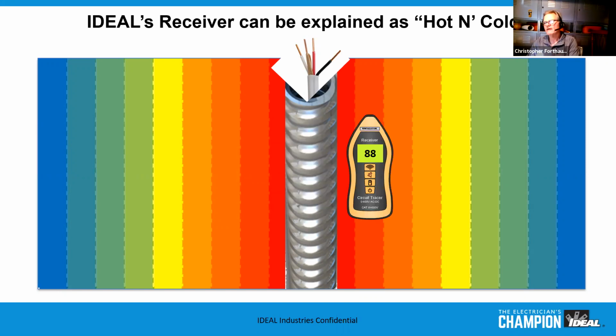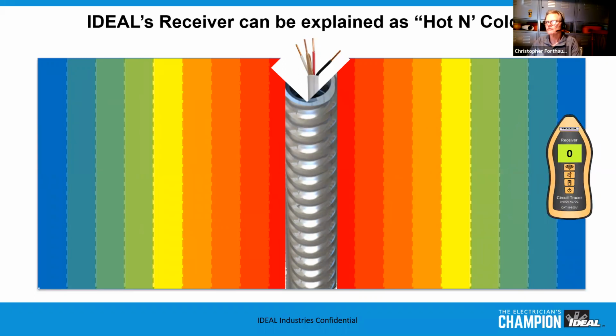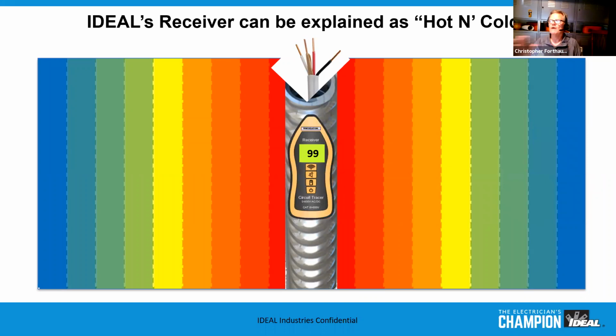But as you pass that conductor and go to the other side, the number starts to fade off. So you know that you're doing your swipe, you can come back to the middle. And like I said, the feedback that we get is that because of the range we have, you don't have to be right on top of the conductor. You actually have some leeway with how far away from the conductor you can use this to pick up the particular signal.